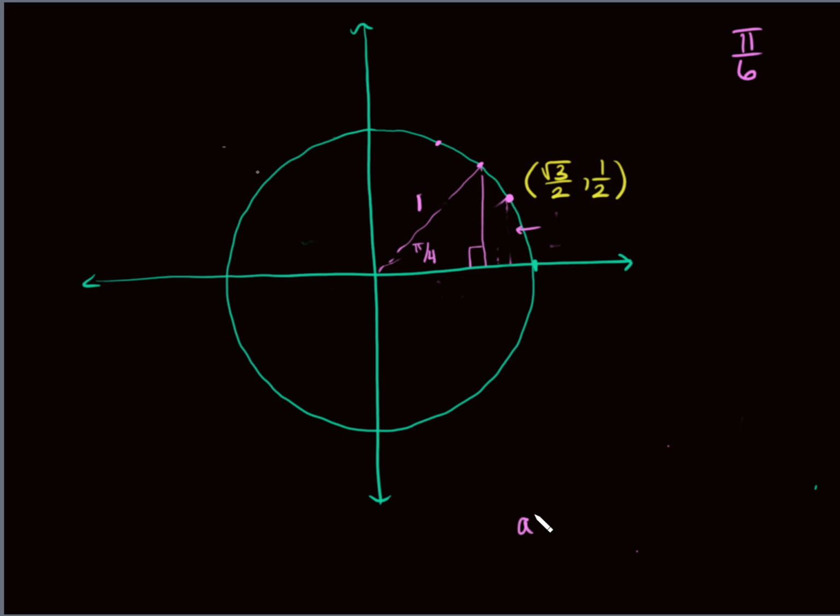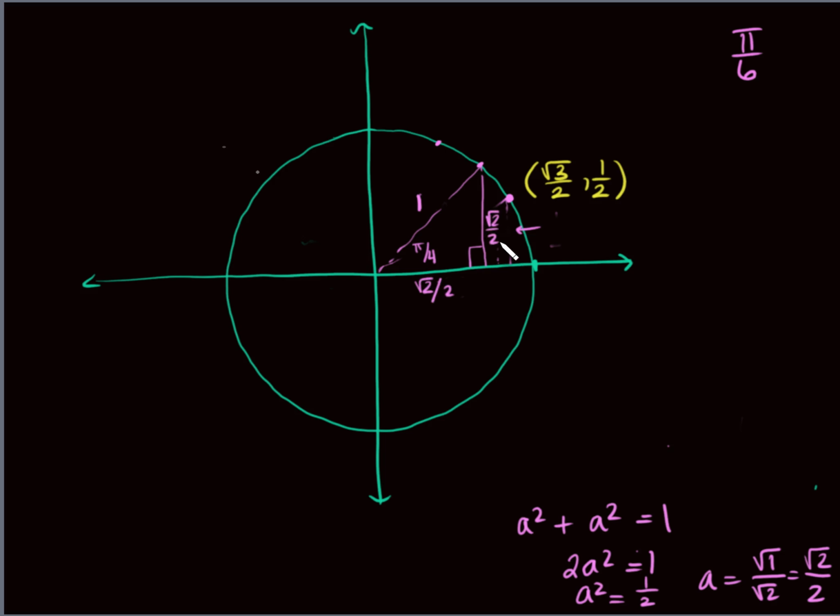So I know that a squared plus a squared, because the sides are going to be exactly the same, is 1. So that gives me 2a squared equals 1, which tells me a squared equals 1 over 2, which tells me that a is the square root of 1 over the square root of 2, or 1 over root 2, or root 2 over 2, is what these distances are going to be. So this is going to be root 2 over 2.